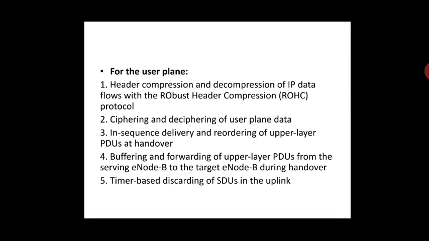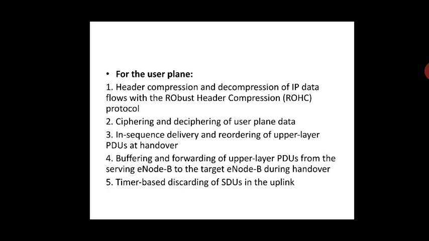Under the user plane, first is the header compression and decompression of IP data flows with the robust header compression, ROHC, protocol. In the second step, the ciphering and deciphering of user plane data. In the third step, in-sequence delivery and reordering of upper layer PDUs at handover. During the handover condition, the sequence delivery will be reordered.